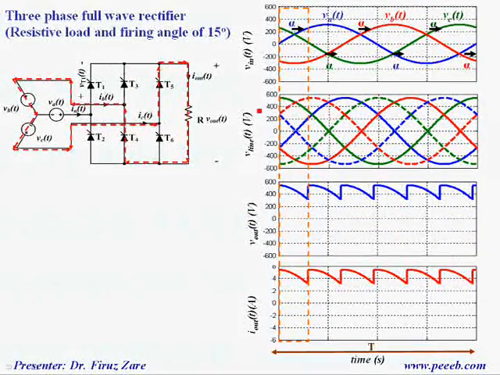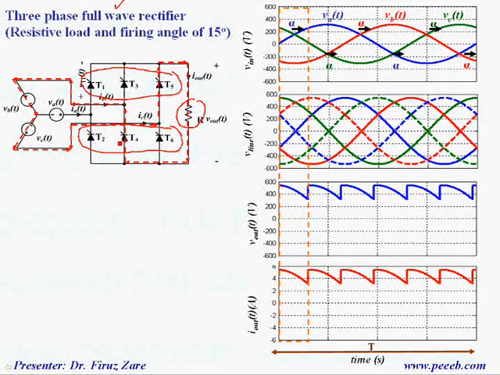Now we can analyze the three-phase full-wave rectifier with a resistive load. In this case we can split these thyristors into the upper set, which consists of T1, T3 and T5, and the lower set, which consists of T2, T4 and T6.